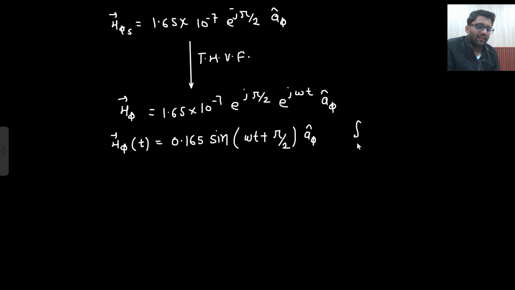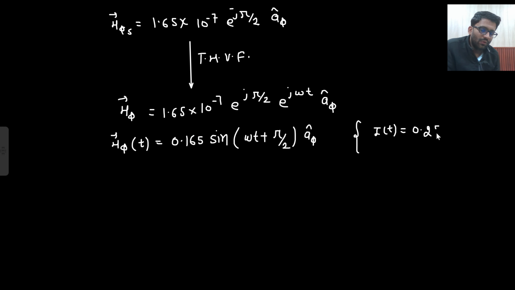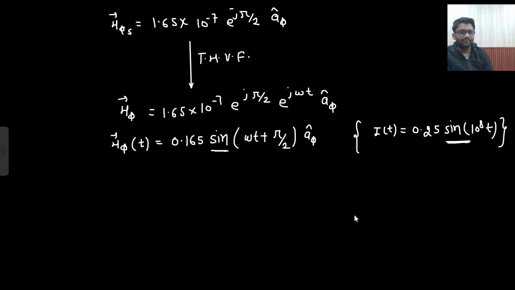And why have I written sine? Because my current was 0.25 sine. So always when you need to write sine or cosine, you will decide with respect to the current source.